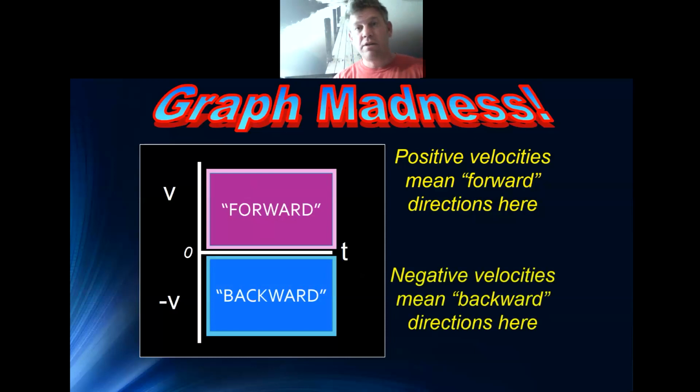For us, anytime we see a graph drawn in that negative velocity region underneath that t-axis, that means we're going to have backward directions there. It's just like seeing that downward slope on the d versus t graph, okay? That downward slope means we're actually traveling backwards, all right? In this graph, above the t-axis is forward, below the axis means we're going backwards, okay?